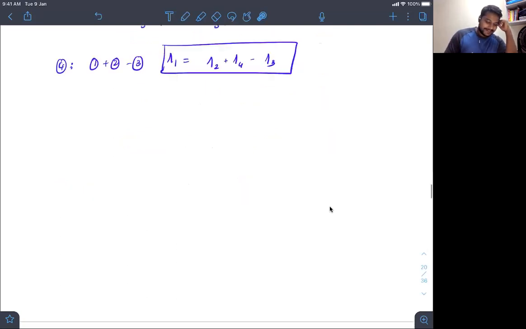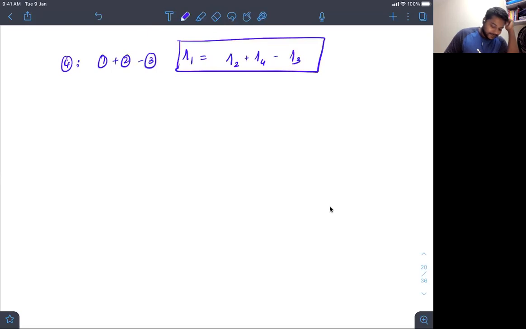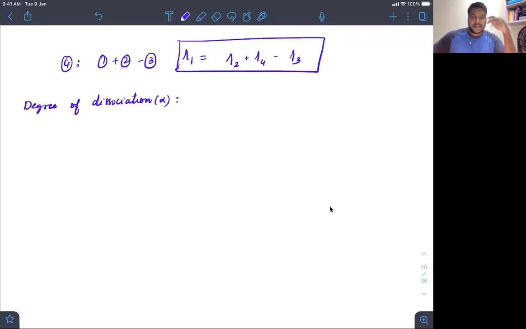यस सर. ठीक है. सो नेक्स्ट लेट अस सी डिग्री ऑफ डिसोसिएशन. डिग्री ऑफ डिसोसिएशन अल्फा. देखो बेटा, in ionic chemistry we learn all about alpha values, degree of dissociations. That all information comes from this.